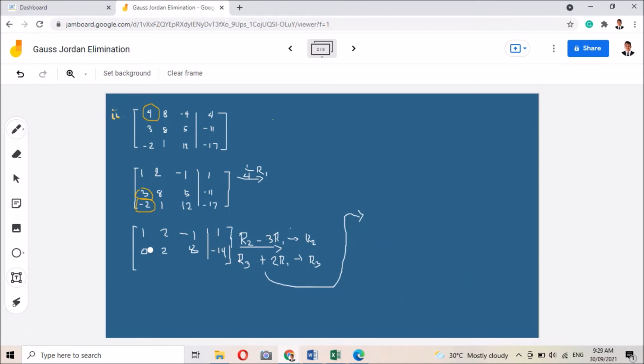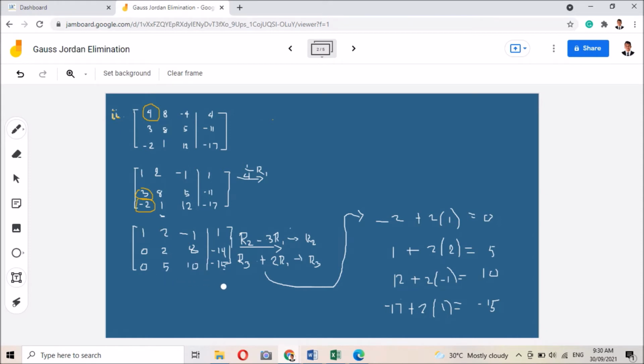For r sub 3, negative 2 plus 2 times r sub 1, which is 1 in this column, will give us 0. That's our goal in making these elementary row operations, to make this entry equal 0, and the rest is up to the result. That is 0, 5, 10, and negative 15.